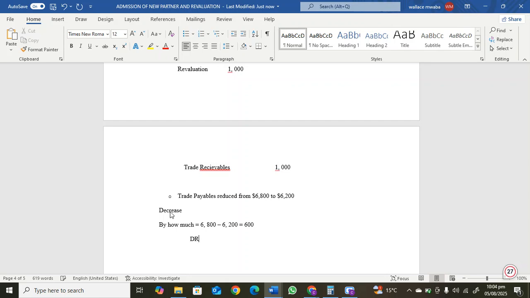So we debit trade payables 600 and we credit the revaluation account 600.